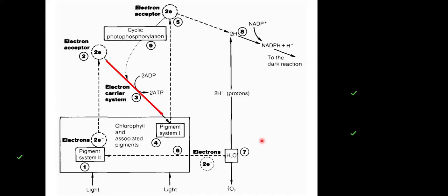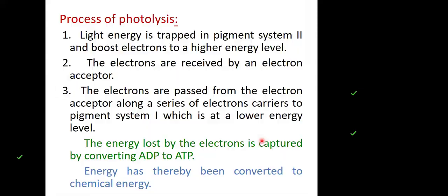So that's what I just said, that the electrons from the electron acceptor are passed to the electron carrier system and then picked up by the pigment system 1, which is at a lower energy level. Then we see that while that is happening, the energy lost by the electrons, because when an electron moves from a high energy level to a lower energy level, it dissipates or gives off energy. It loses energy. And remember, energy is neither created nor destroyed.